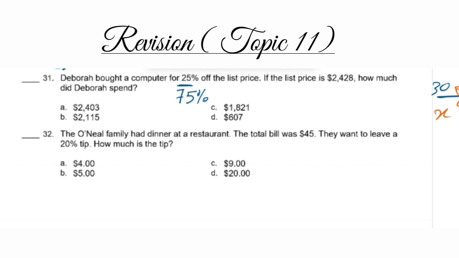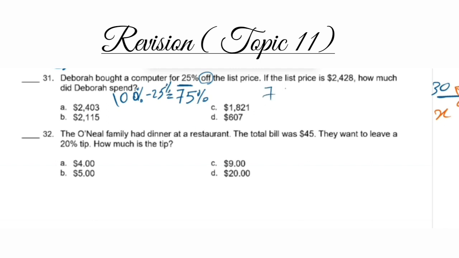Because the listed price is 100%, and we have a discount of 25%. So what she is going to spend is 100% minus 25%, which is 75%.